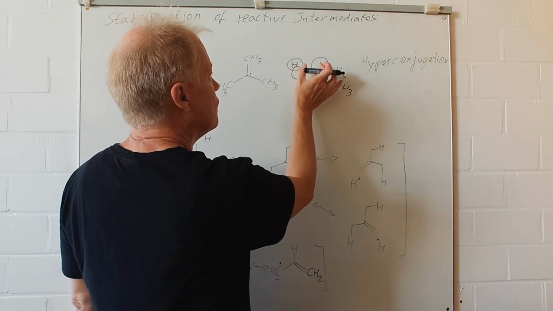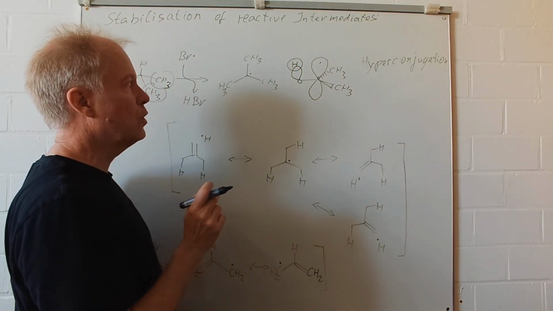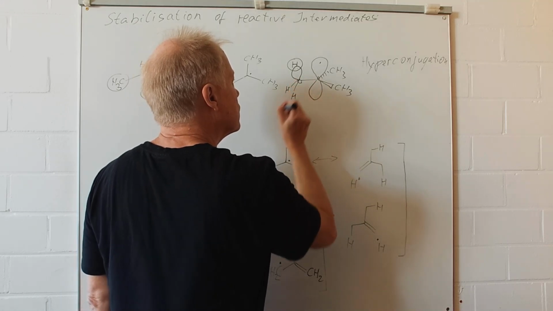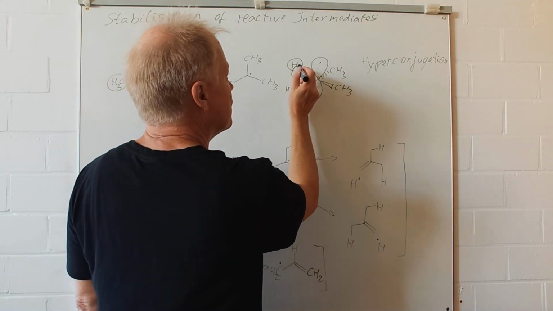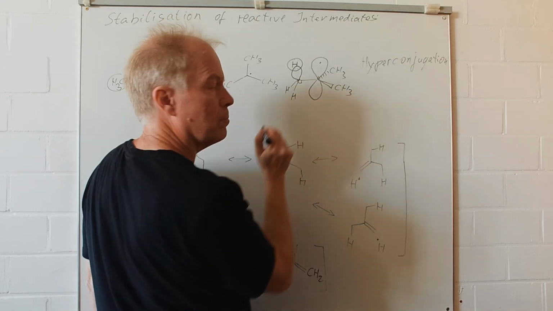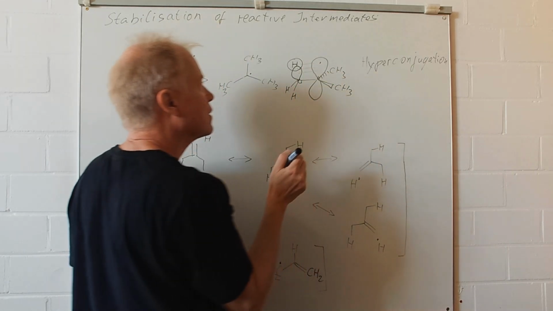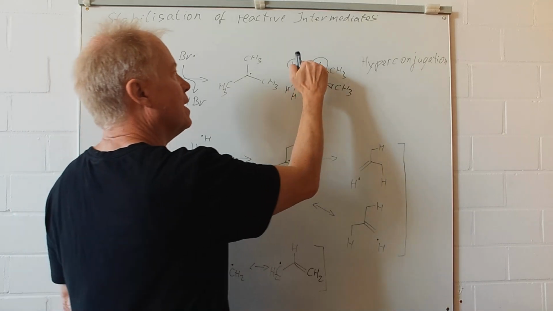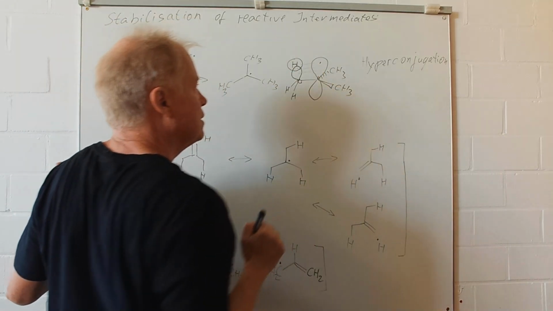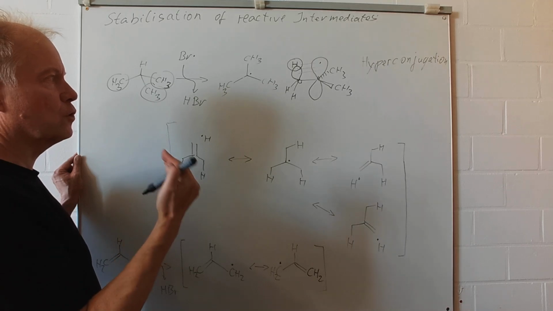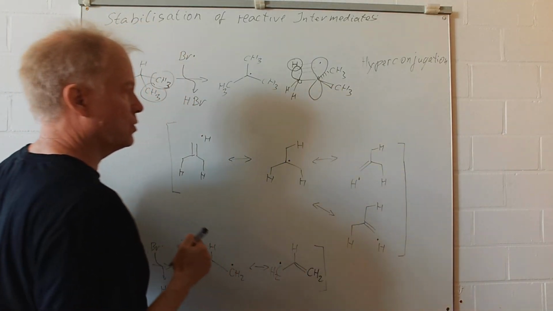And now those orbitals are close enough to each other that a slight overlap can occur here. There will be some electron density here in between. And this is the core of the hyperconjugation.